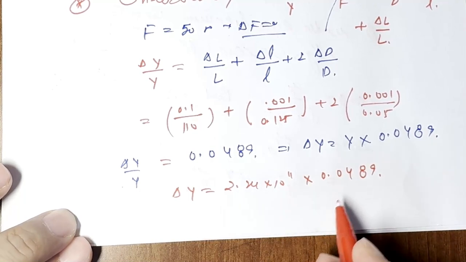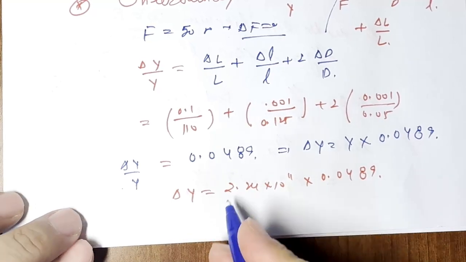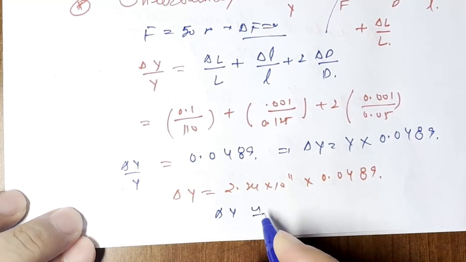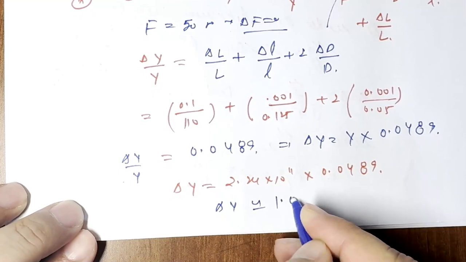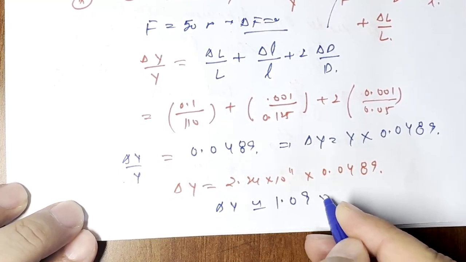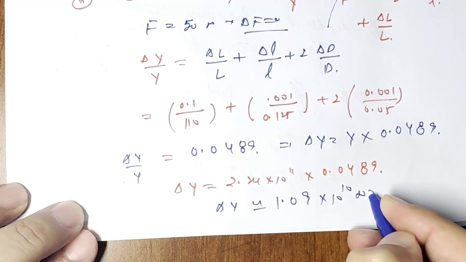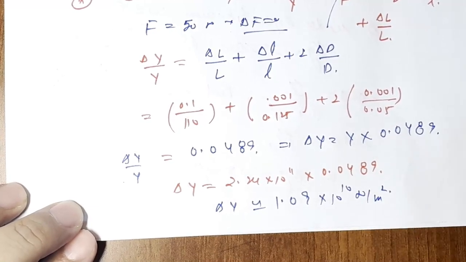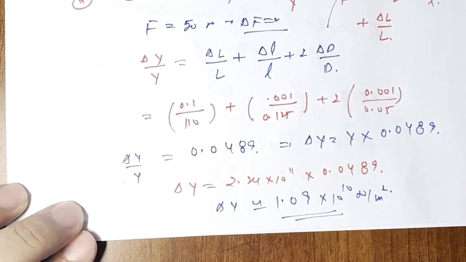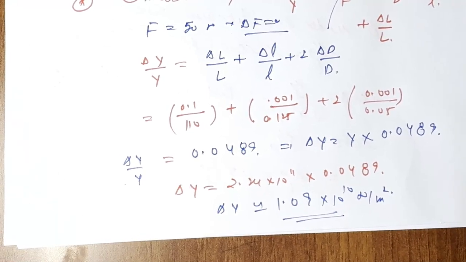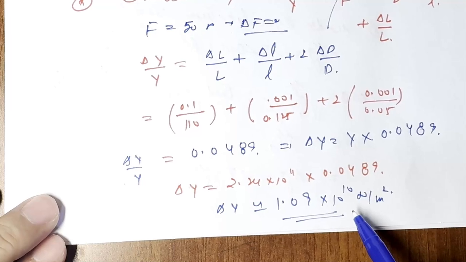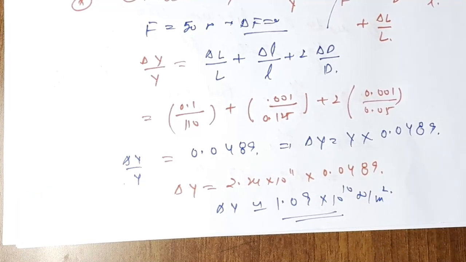And this gives us delta Y approximately equal to 1.09 times 10 to the power 10 Newton per meter square. Okay, so this is the maximum possible error in the value of Young's modulus.